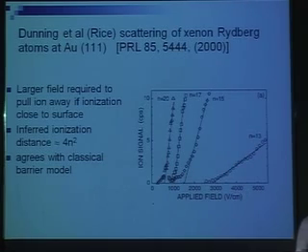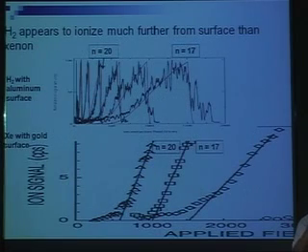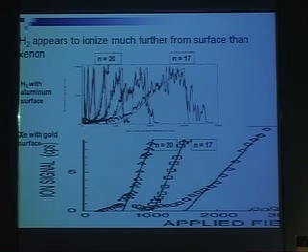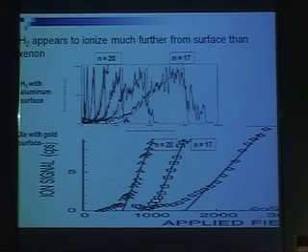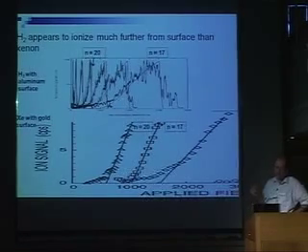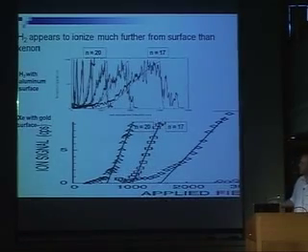However, when you put their data on top of ours, I literally did this by stretching the figure, so apologies for this, you can see that their n=17 has a threshold of about 1,000 volts per centimeter, and our n=17 has a threshold of about 500 volts per centimeter. So mysteriously, these H2 Rydberg states are apparently ionizing further from the surface than the xenon ones.